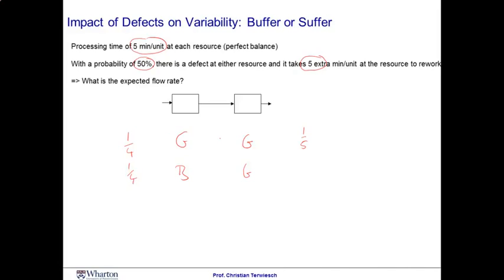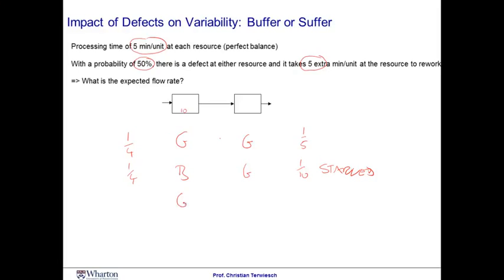That has also a probability of 1 over 4. Now what happens? In this case, the first resource will take 10 minutes to complete the work. However, the second resource is done after 5 minutes and is then out of work. We say that this process is starved at resource 2. Resource 2 is starved of work and the flow rate goes down to 1 over 10.